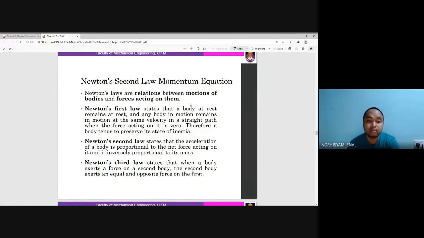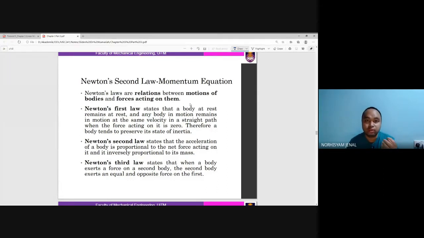Number 2, Newton's second law states that the acceleration of a body is proportional to the net force acting on it. So if a body is accelerating, it is because of the force acting on it. Remember, Newton's first law said the body will stay static if you don't have any force.